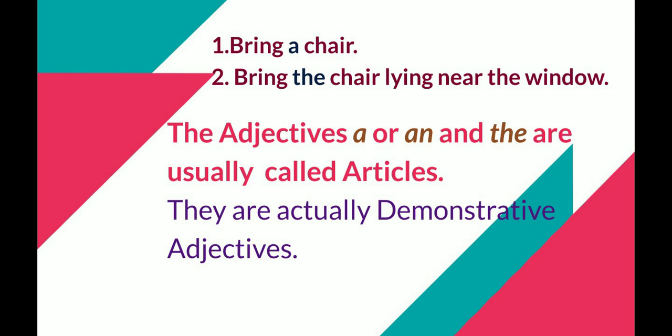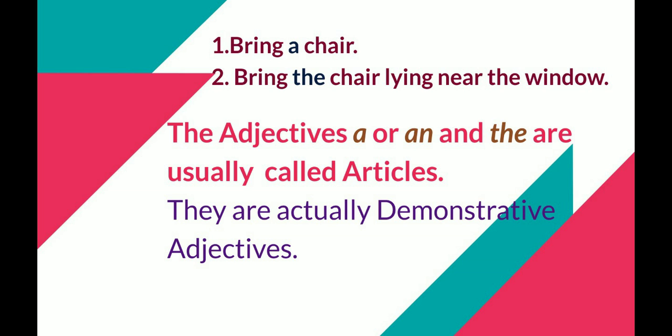So I hope you understood that here A and the is adjective, right? So A or an and the, these words are adjective, but we usually call them articles. A, an and the. These are articles, but actually they are demonstrative adjective.